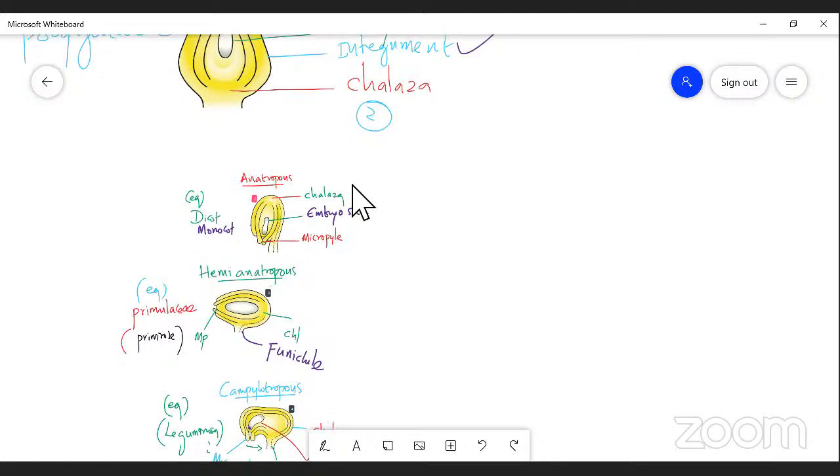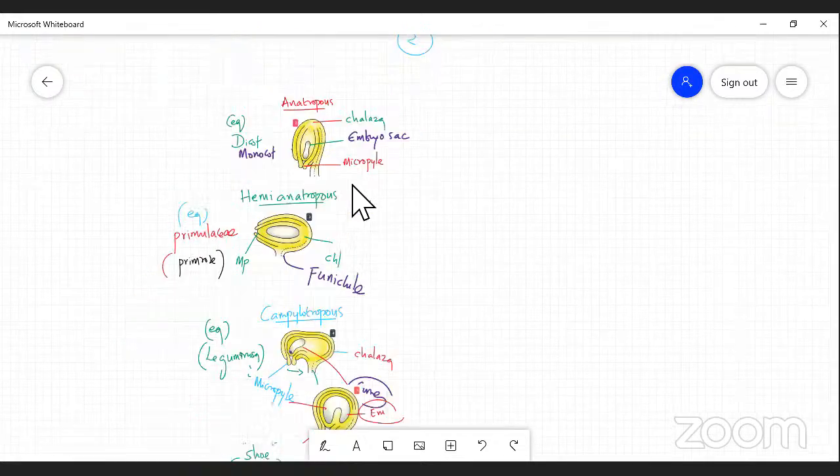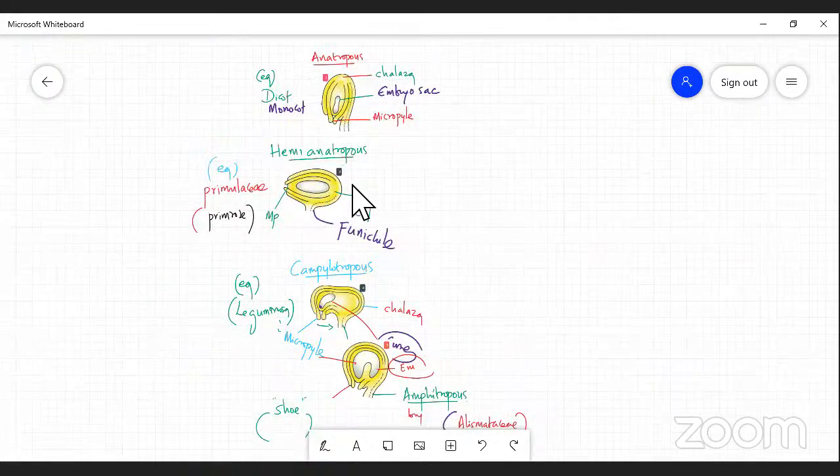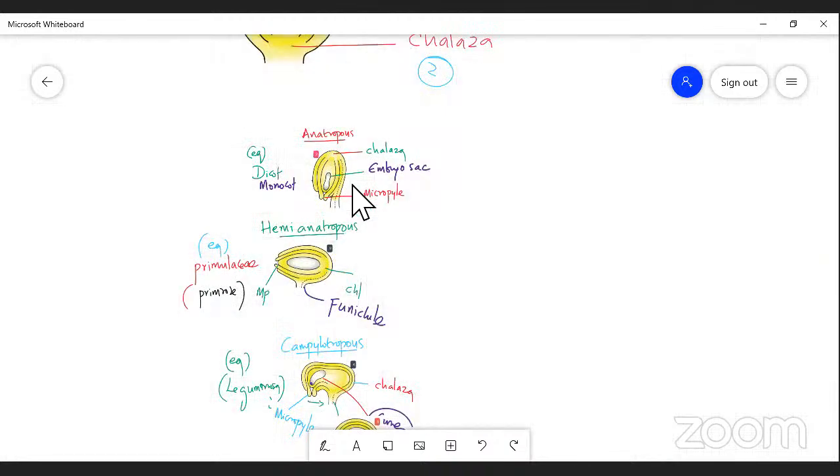And the next, how do you differentiate a hemianatropous from an anatropous? I have drawn two structures, one is the anatropous and the other is hemianatropous. How do you differentiate, ma'am? Could you tell us in a few words? Diagrammatically, you can make a difference.